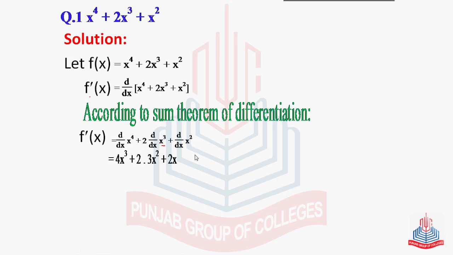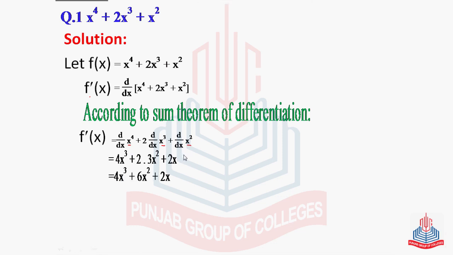By using the power rule, the derivative of x⁴ will become 4 into x raised to the power 4 minus 1, which is 3, plus 2 into the derivative of x³, which by the power rule is 3x², plus the derivative of x², again by the power rule, 2x to the power 2 minus 1, so that will become power 1.